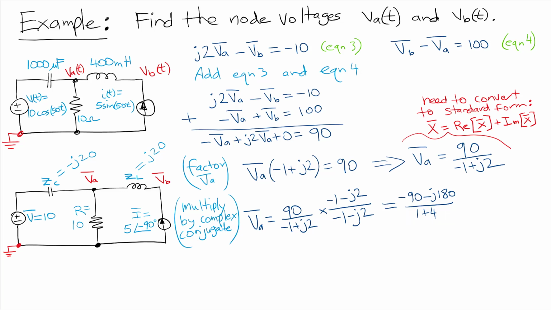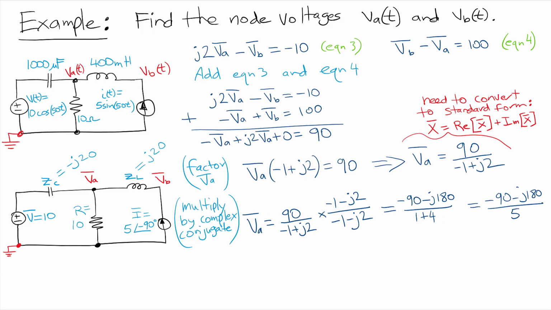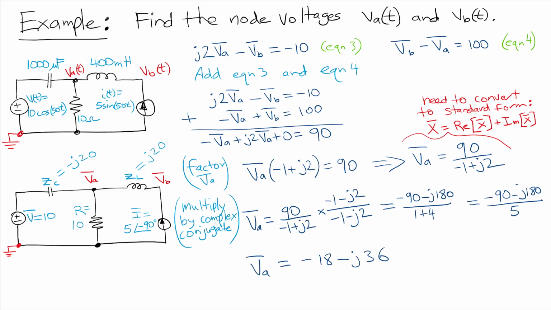Anyway, we can continue working this. So 1 plus 4 is 5. Then we can easily divide the real part and the imaginary part by 5 to get VA into standard form, and it works out to VA being equal to minus 18 minus J36. Okay, so we're getting close.